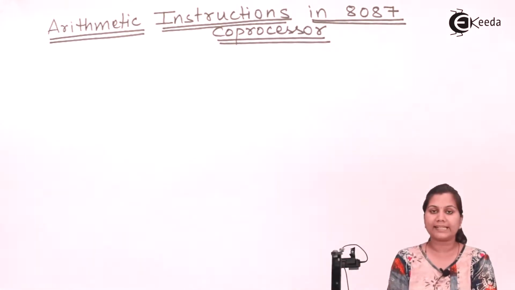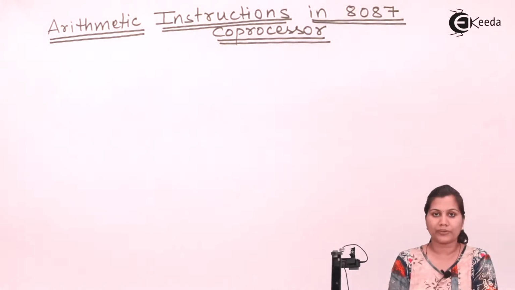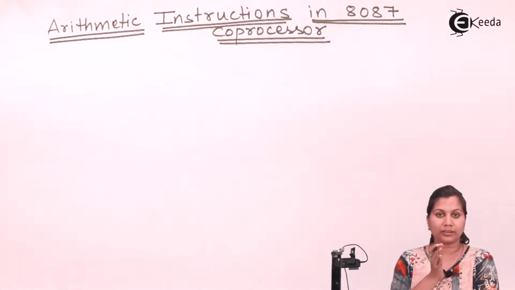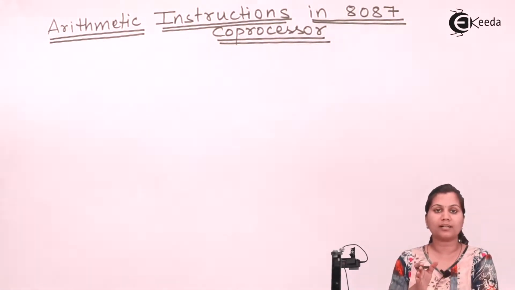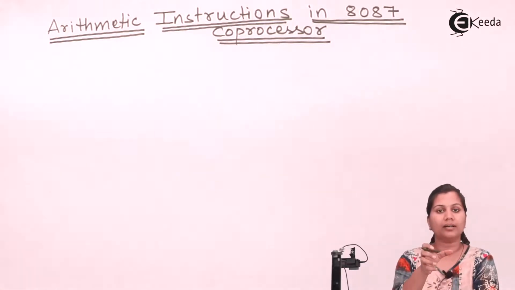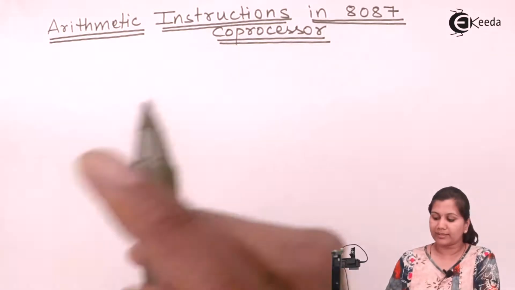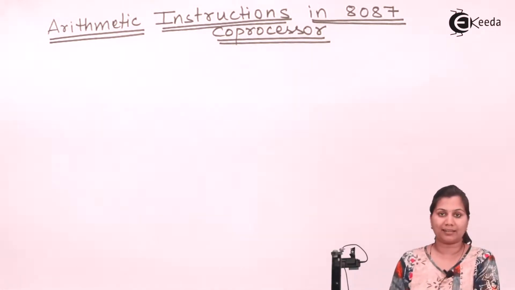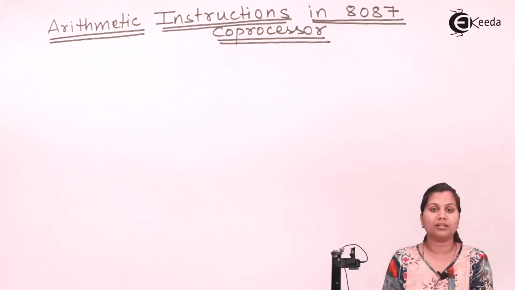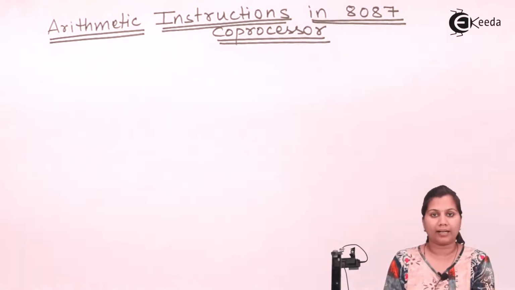We know that the 8087 is a coprocessor, meaning that it is not the main processor but it works in association with the main microprocessor. Because it's a coprocessor, it doesn't mean that it will not have any circuitry. It will also have the same architecture.